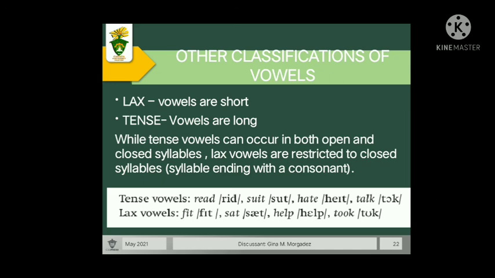Lax vowels are fit, sat, help, took. Okay. So again, lax vowels are short, tense vowels are long. Tense vowels can occur in both open and closed syllables, while lax vowels are restricted to closed syllables. When we say closed syllables, those are syllables ending with a consonant.